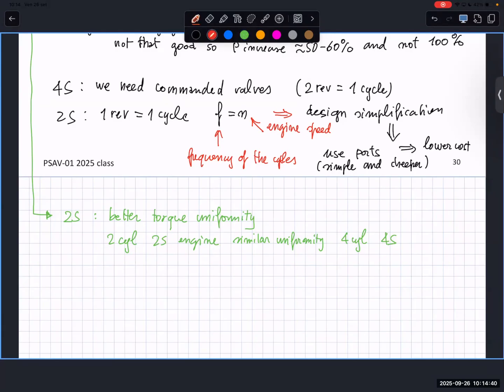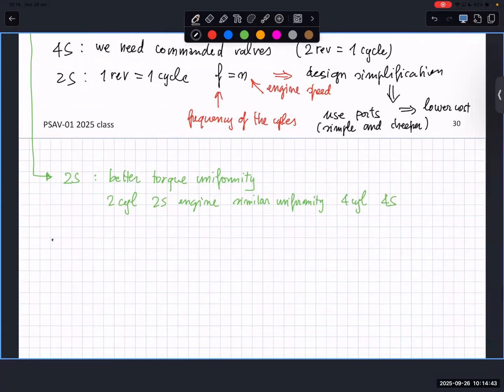What we can also say, with a two-stroke, we have lower efficiency for what was described before, but in particular, we can consider that part of the exhaust phase will be dedicated to blow down.